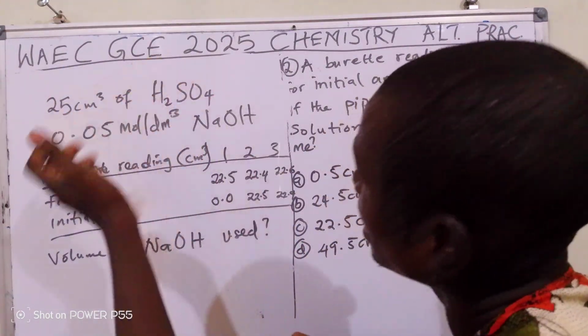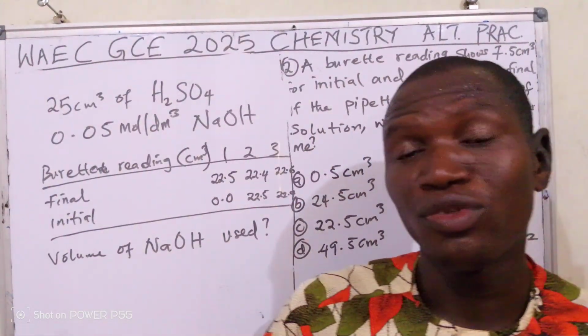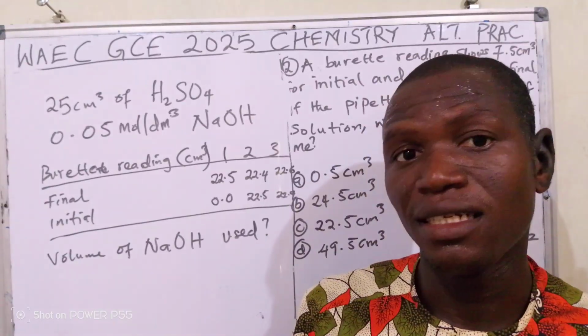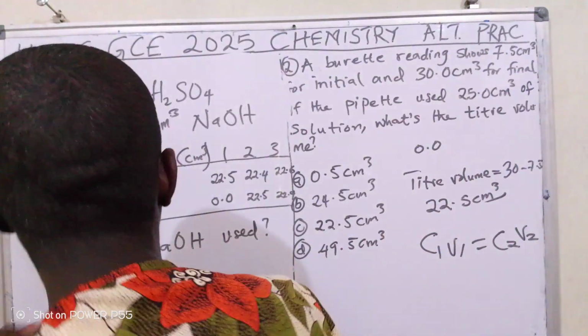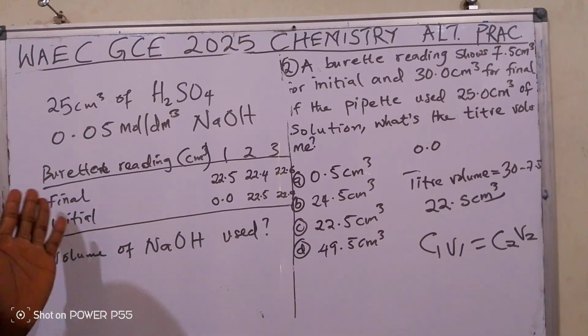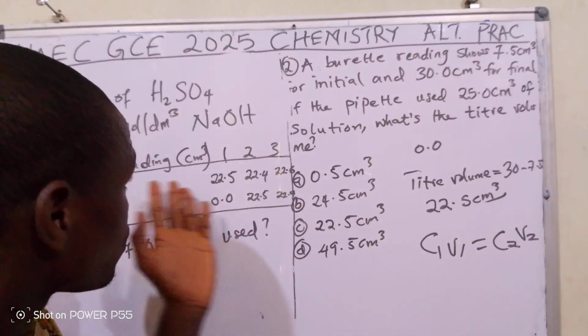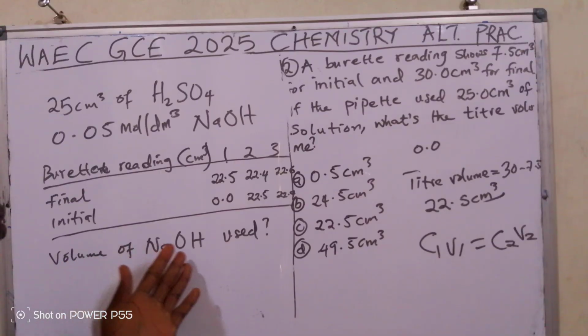Is this not for burette and this for pipette? No. Sometimes base is put in the burette and acid in the pipette. So you need to get this clear. So in this case now we are asked the average volume of sodium hydroxide used. What I'm trying to tell you is that these results here are for sodium hydroxide, and we are asked to calculate the average of sodium hydroxide used.